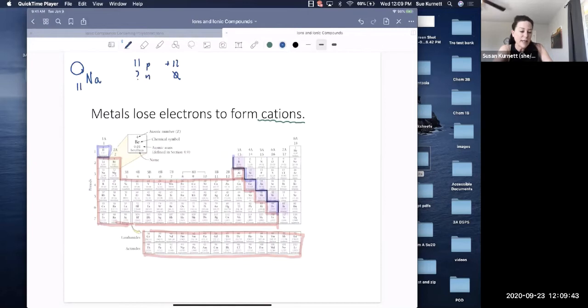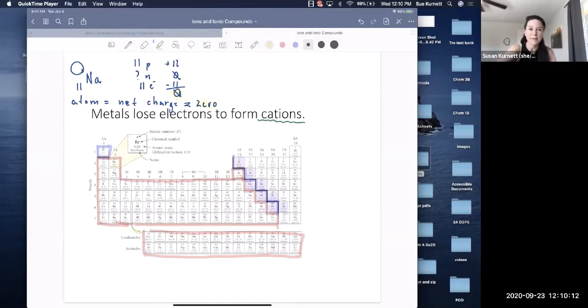And then if it's an atom, the net charge is 0. So if there's 11 protons, we need 11 electrons to balance that. So if the overall charge is 0, that's an atom.